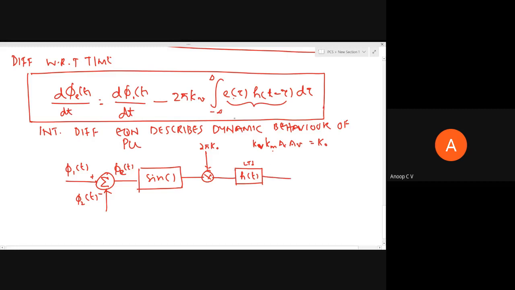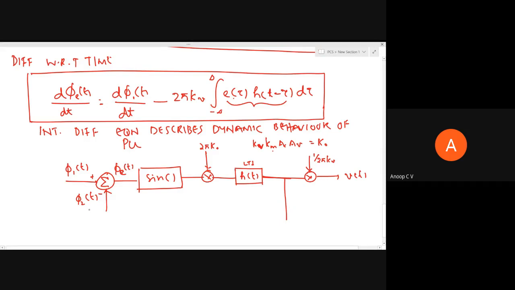But this should be actually what? This should be equal to V of t, but we have an extra 2 pi kV here. So what I am doing here is multiplying it with 1 by 2 pi kV. So what we are getting at output will be V of t. So from V of t, how can I get phi 2 of t?